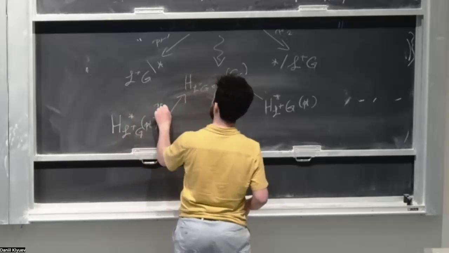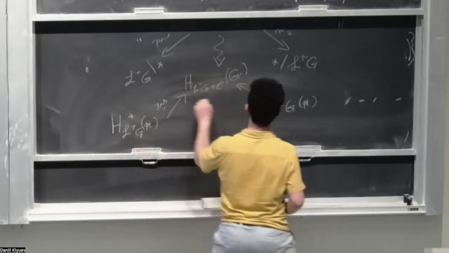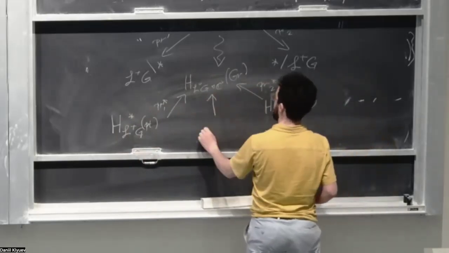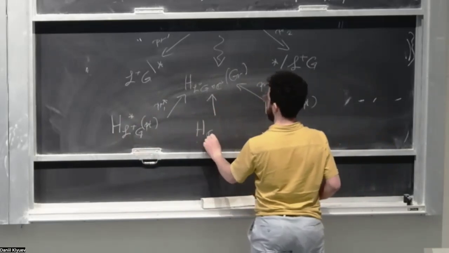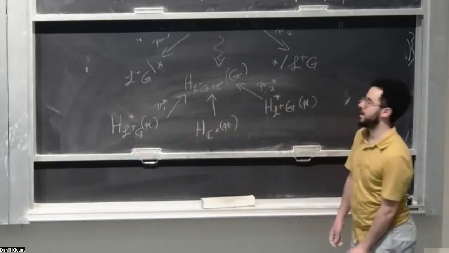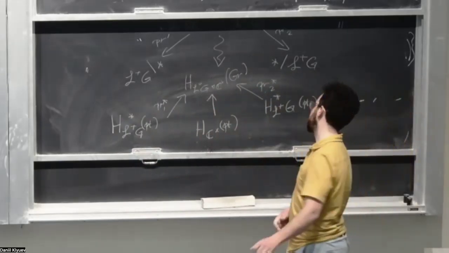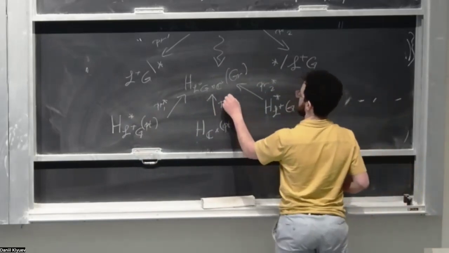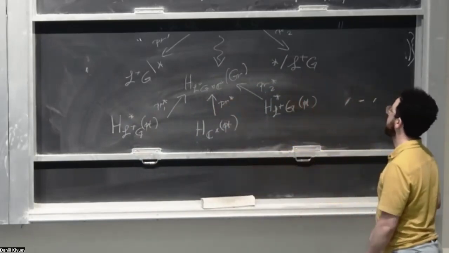So this is pulled back by the first projection, pulled back by the second projection, and then we also have just a map from the equivariant homology of this stuff, by contracting everything to a point. And this is the full projection.